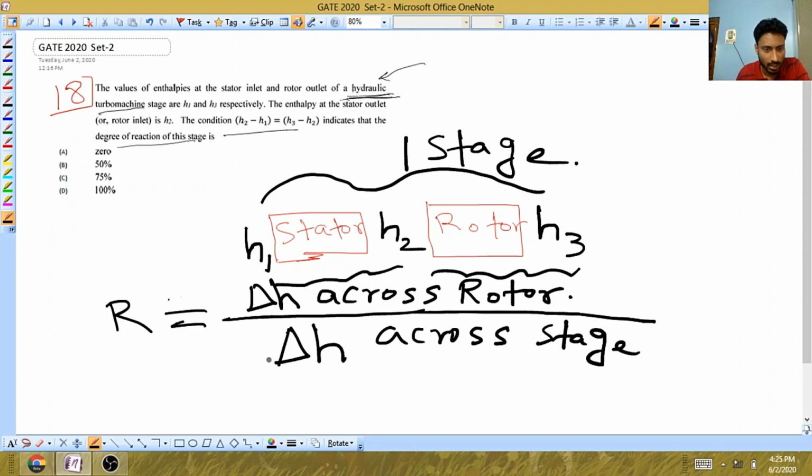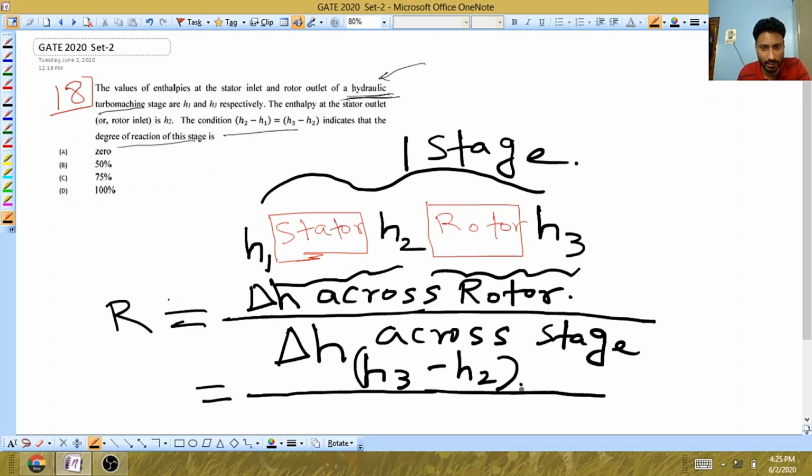We can write across the rotor H3 minus H2, and across the stage we have to add both parts, the stator part as well as the rotor part.